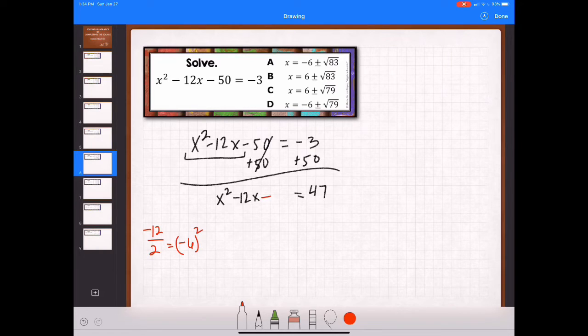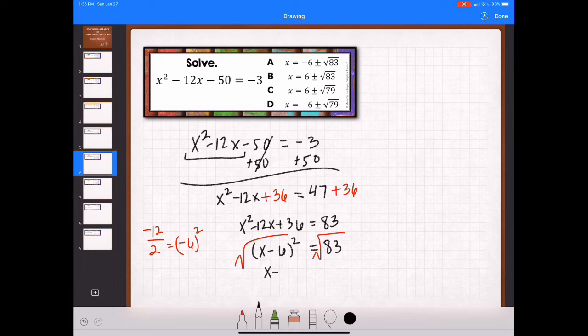Negative 6 squared is positive 36, so add 36 to both sides. So now you have x squared minus 12x plus 36 equals 83. And then factored form is x minus 6 squared on the left side equals 83. Now you can take the square root.